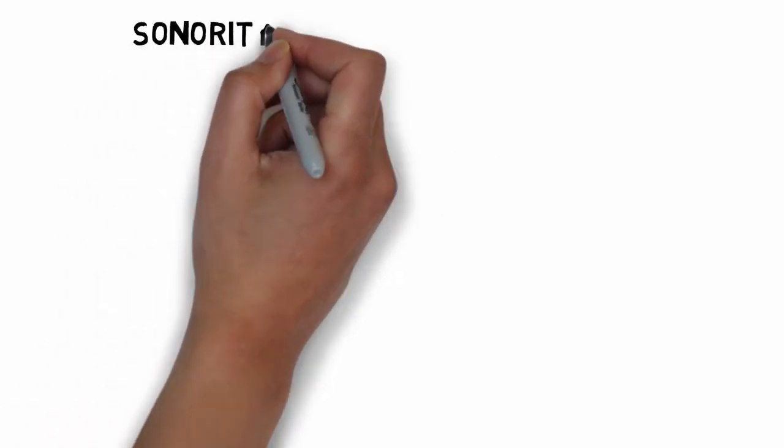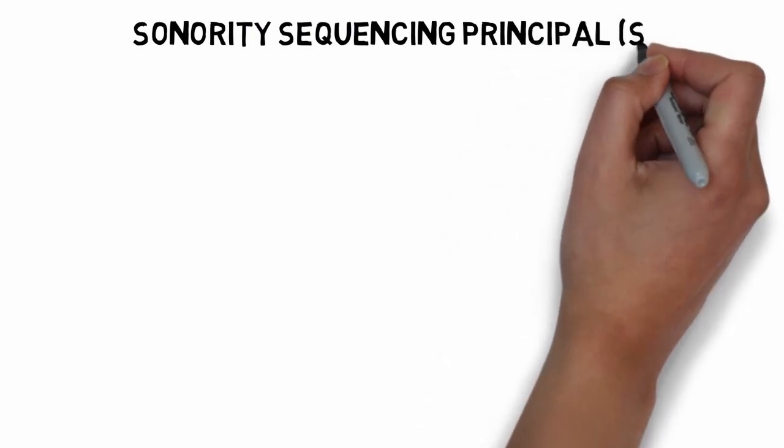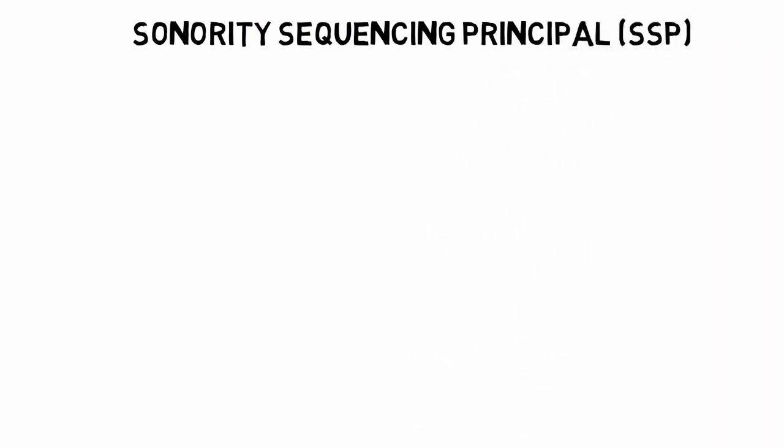Let's talk a bit about how we know what sounds can create valid onsets and codas in English. Although we have one tool, which is, well, can this particular sound be used at the start of a word? In general, we can use what is called the Sonority Sequencing Principle, or the SSP.